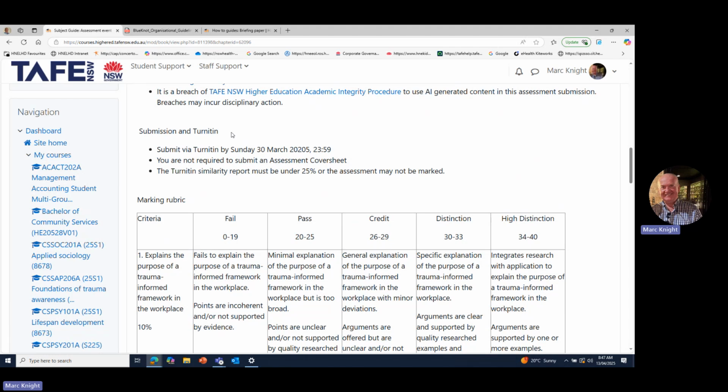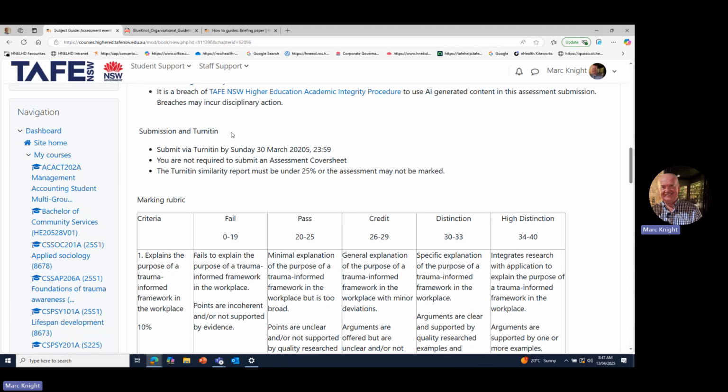All right, so also in speaking of this assessment, again, like I said, a lot of people weren't using in-text referencing, and please do it. You didn't use additional sources. Please use additional sources to support your arguments and support what you're saying, because that will reduce your mark if you don't.